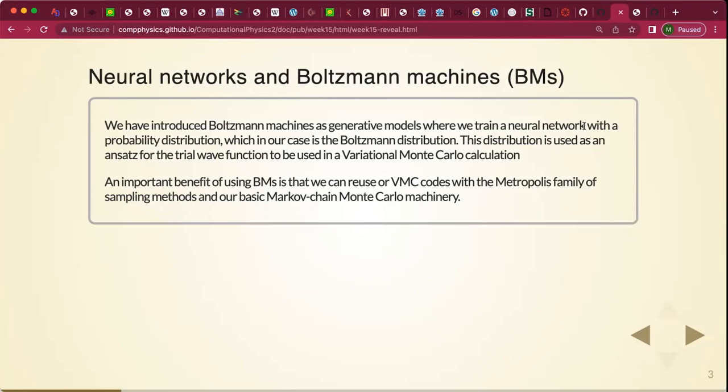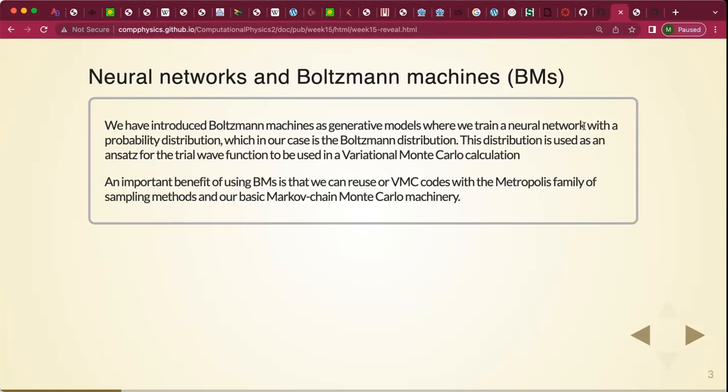If you would like to outline where these deep learning methods are going and where there will be a lot of emphasis in the years to come, there's actually been a lot of emphasis already, it will be on generative models, where you learn a probability distribution. And this allows us to use the Markov chain Monte Carlo machinery.